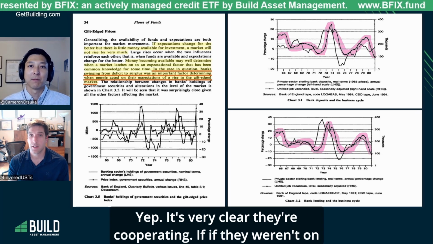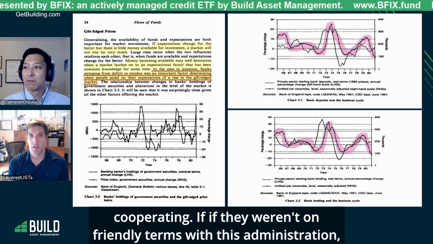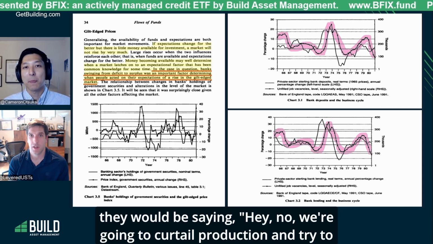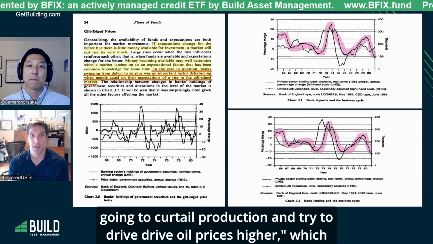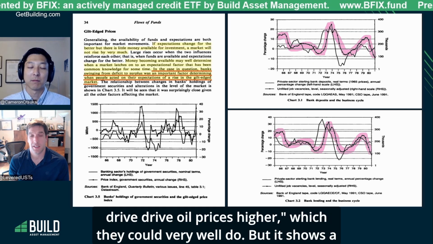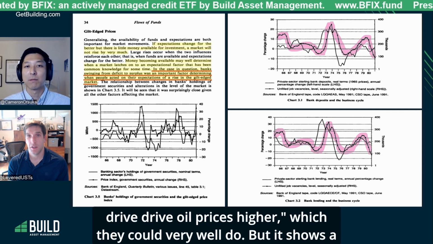Yep. It's very clear they're cooperating. If they weren't on friendly terms with this administration, they would be saying, "Hey, no, we're going to curtail production and try to drive oil prices higher," which they could very well do.